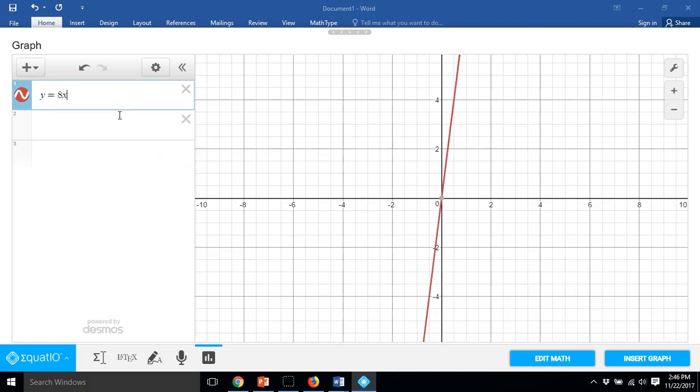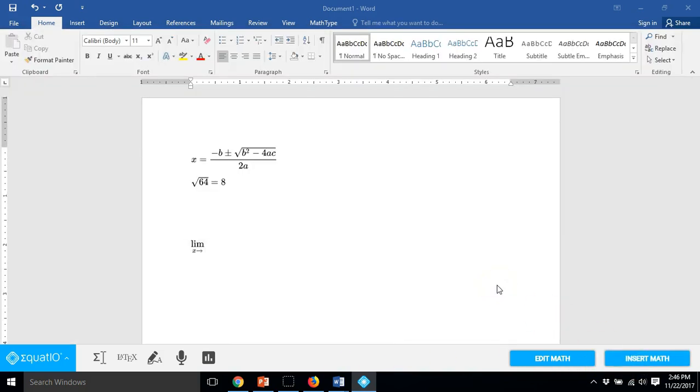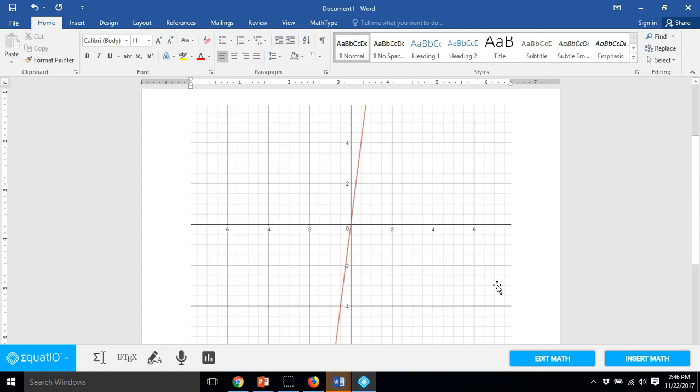Okay, so I just did y equals 8x because I was struggling with how to add in the square root symbol. But it shows the line, and then I could do insert graph, I believe. Let's see what happens. Okay, and then it goes in there. And I would hope you could squish that down a little bit. So anyway, more to come.